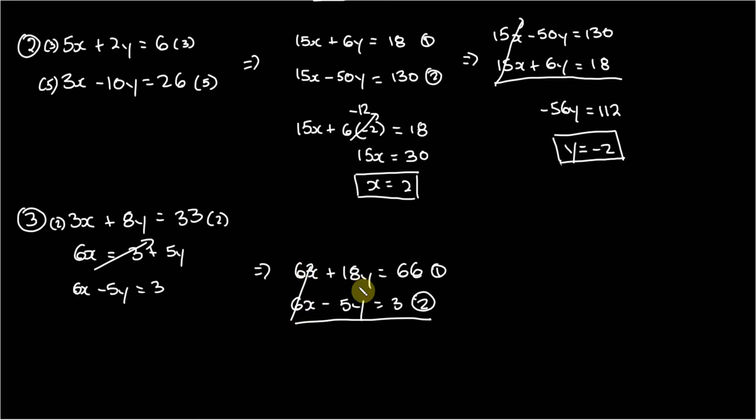Now we've got 18y minus negative 5y, and that is going to get us 23y. And now we have 66 minus 3, which is going to give us 63.